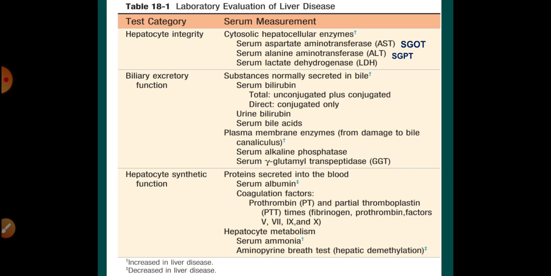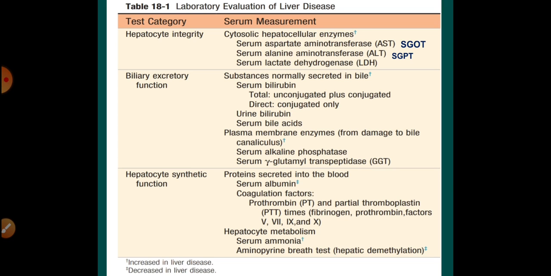The hepatocyte integrity can be assessed by assessing the serum enzyme levels, the levels of SGOT, SGPT, and LDH in the serum. Whenever there is hepatocyte disruption, the hepatocellular enzymes will be released into the circulation and their concentration in the serum will be increased.